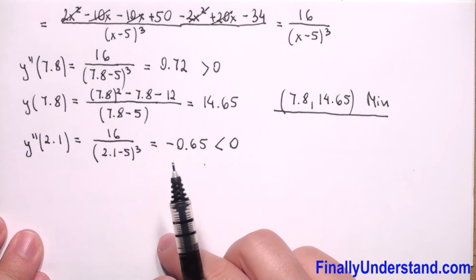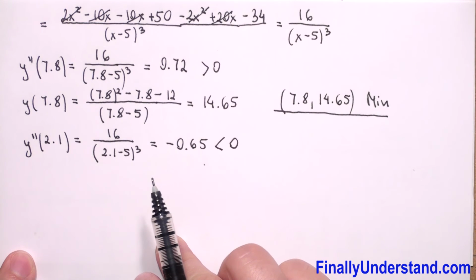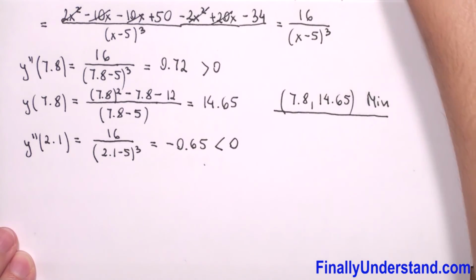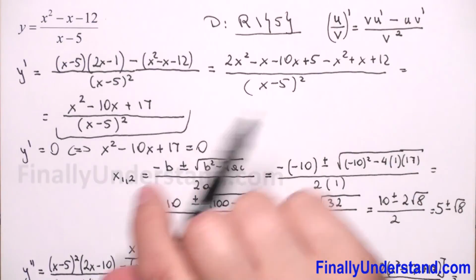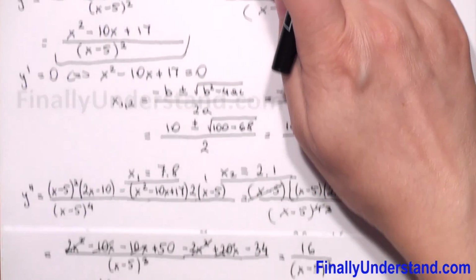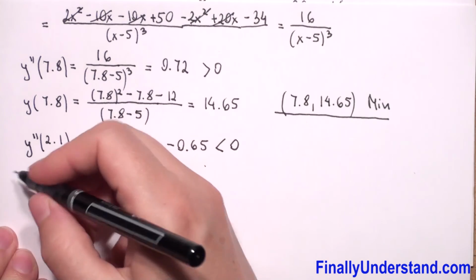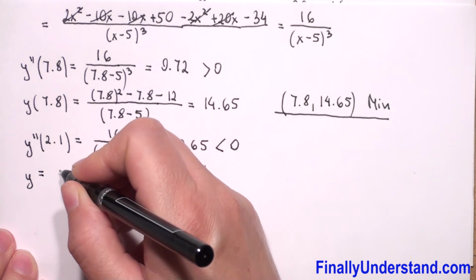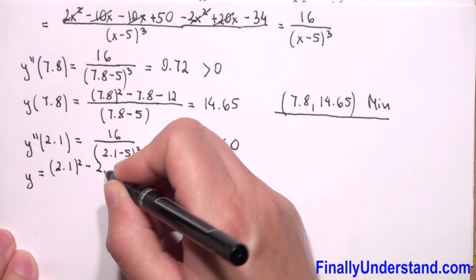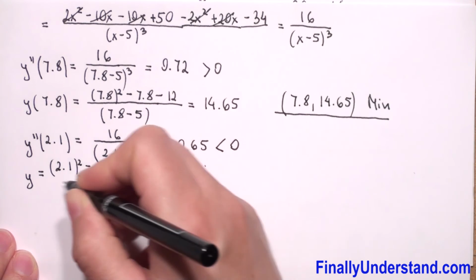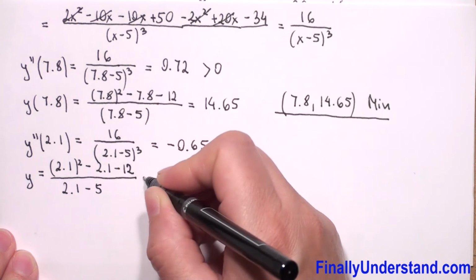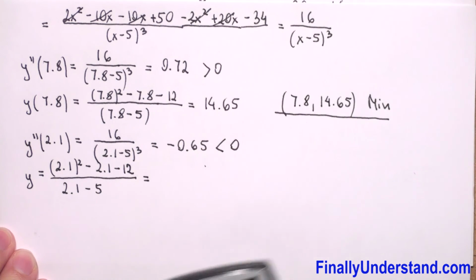To find this point we need to find the second coordinate. So it means we have to go to the formula of our function one more time. So this is our function, and we have to replace x's by 2.1. So y is equal to 2.1 to the second power minus 2.1 minus 12 over 2.1 minus 5. We can use the calculator.